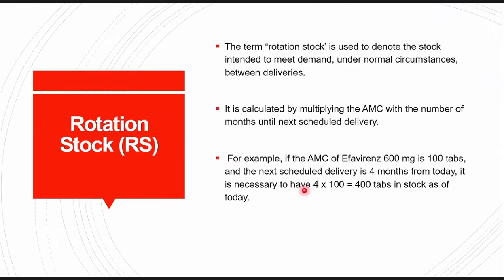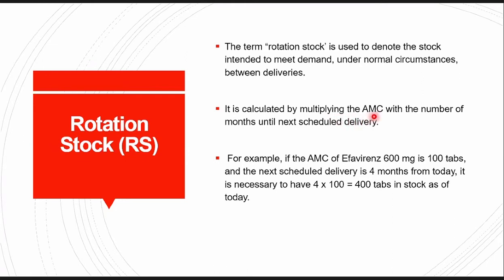There's also what is called rotation stock. This is stock that is kept to meet intended demands under normal circumstances. It's important to look at rotation stock as stock that is available to cover for the next delivery. So how do we calculate it?